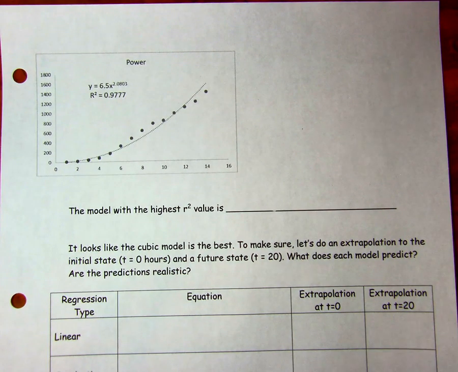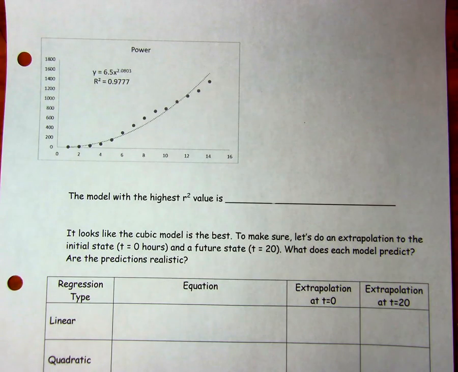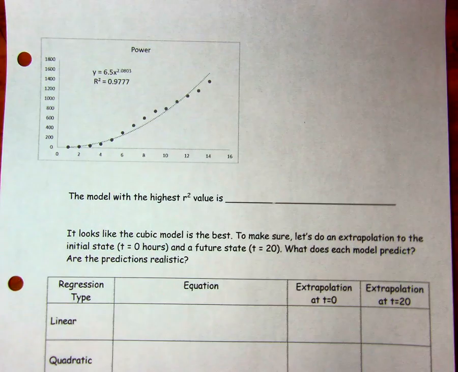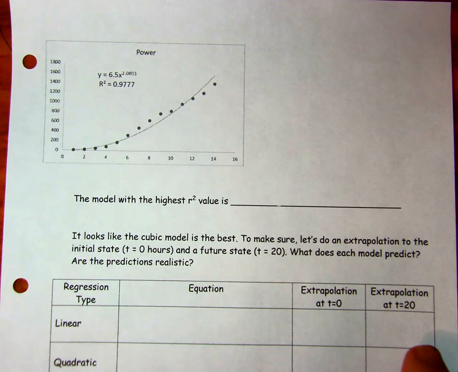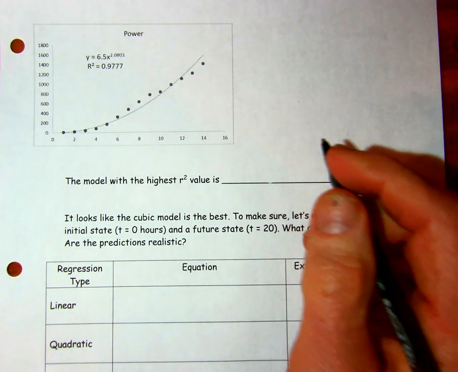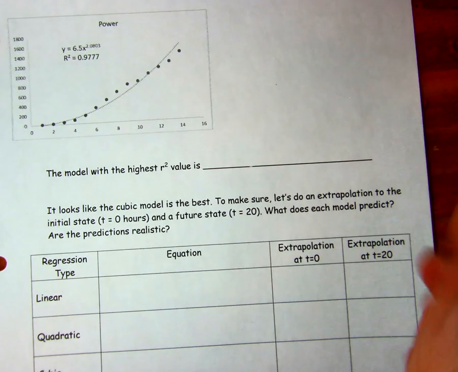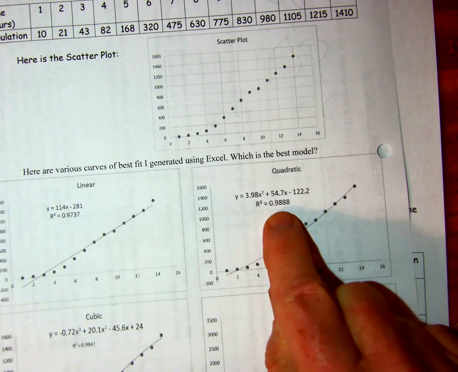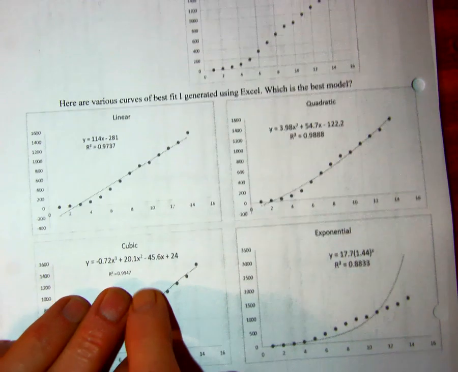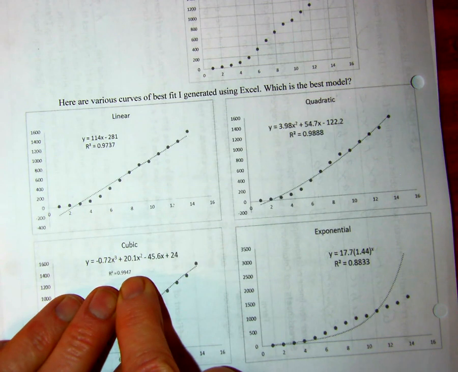Okay, so very easily, what's the best model? The best model is, generally speaking, the one with the highest r squared value. Which one is it out of the ones I just showed? The quadratic one? No, I don't think so. Quadratic was 0.988, and this is 0.9947.